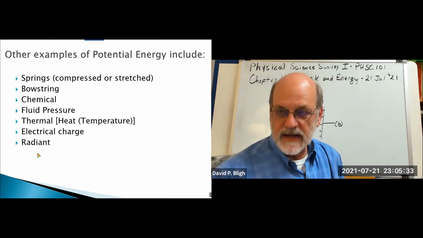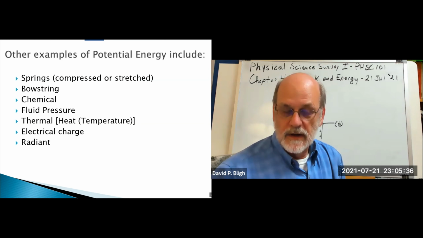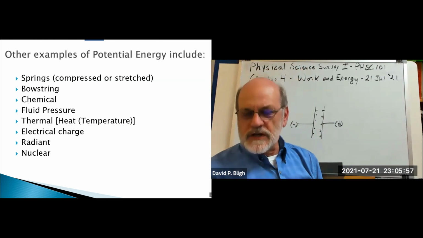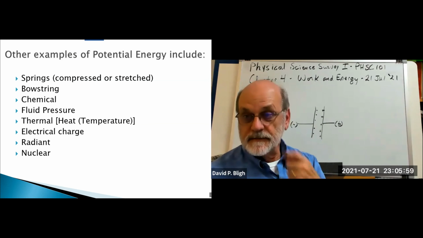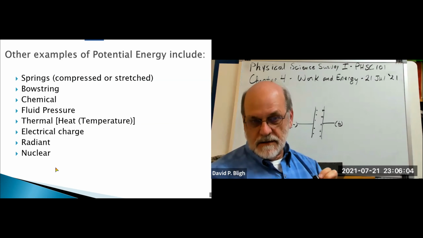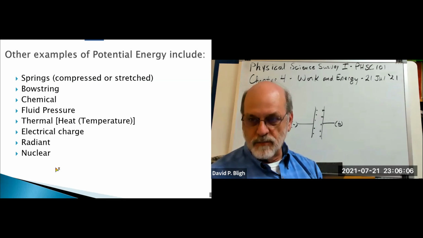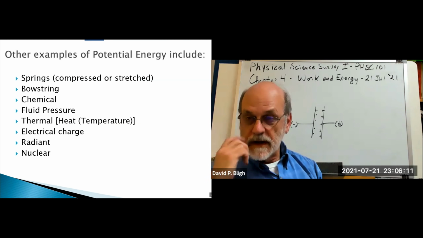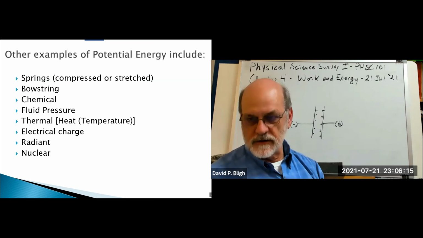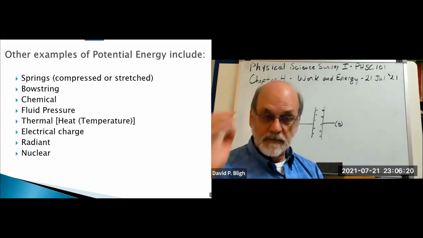Or we can convert radiant energy to electricity through solar cells. There is stored energy in the nucleus of the atom, and we can tap that energy by splitting the atom. If we break an atom apart, or it spontaneously breaks apart, it will give up some of that energy, usually in the form of heat, or in fast-moving subatomic particles.